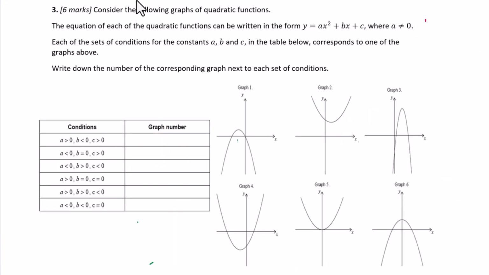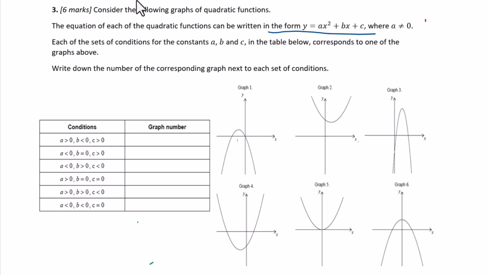Question 3. Consider the following graphs of quadratic functions. The equation of each of the quadratic functions can be written in the form y equals ax squared plus bx plus c, where a is not equal to 0.